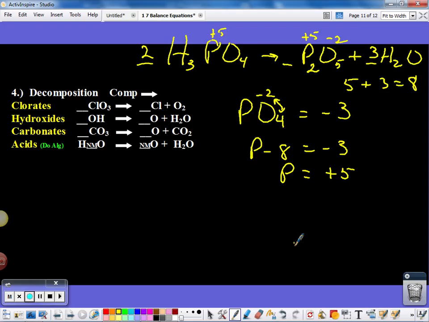The balancing for these is easy. The hard part is saying, that's a decomposition. Is it one of the 4 exceptions? You can't just go through there and say, oh, yeah, and just write down. You got to put the brain into it. All right. Any questions?